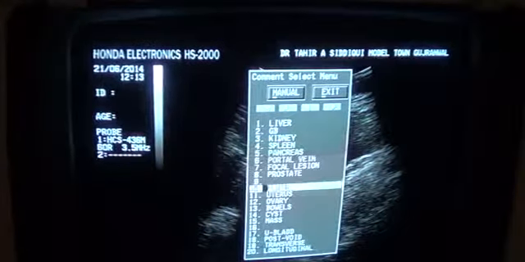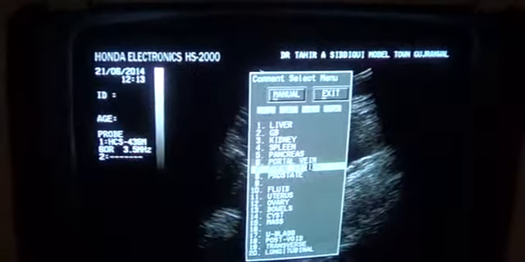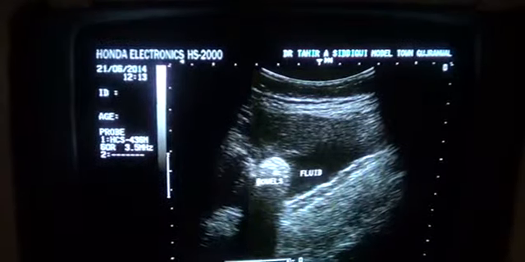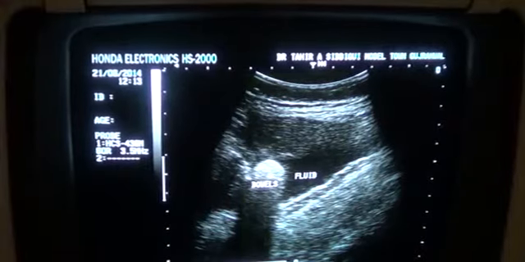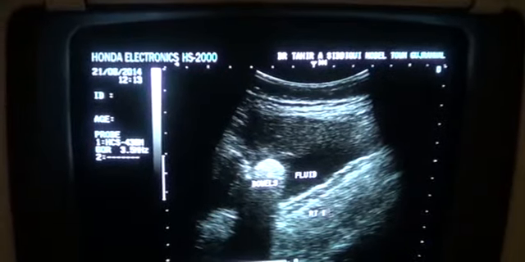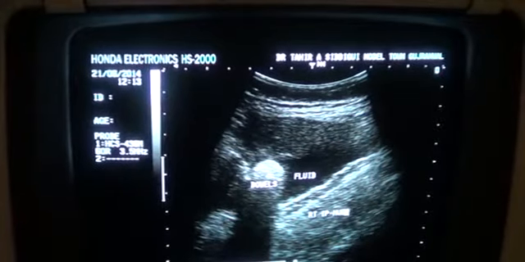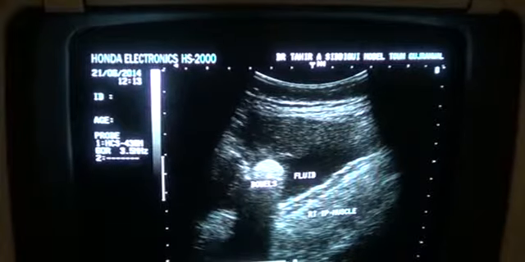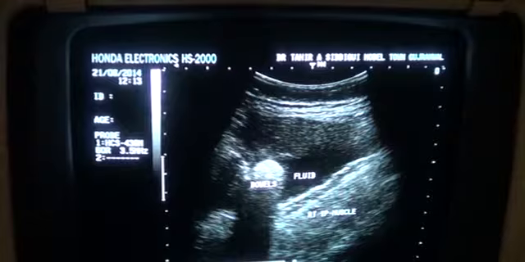This is the fluid, this is the bowel, and this is the right iliopsoas muscle. So this is the fluid in the paracolic gutter in the same patient.